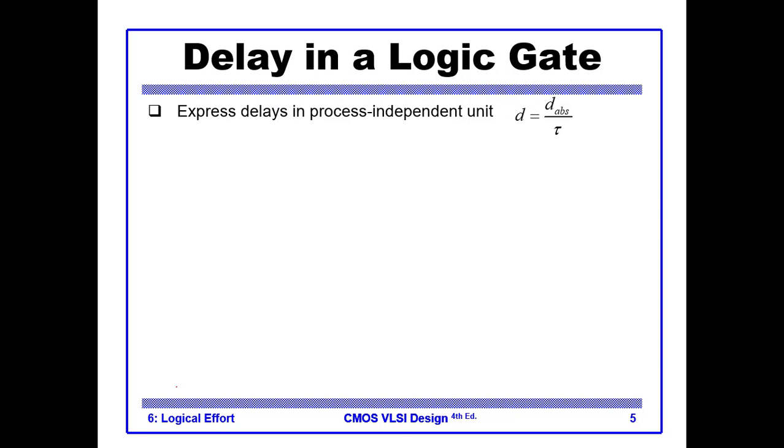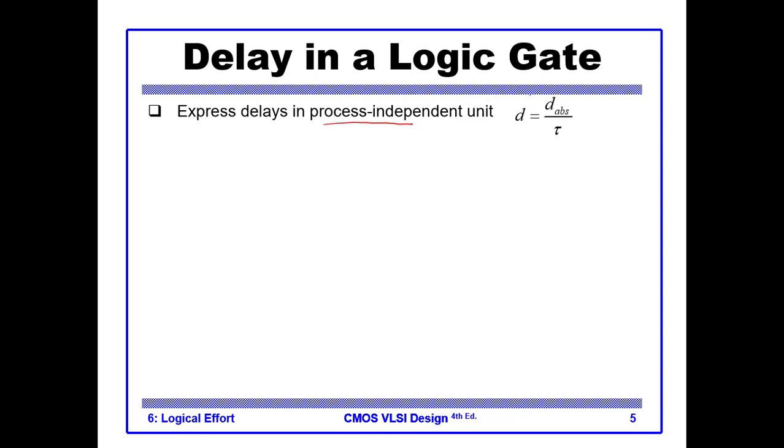The first thing is we want to represent the delay of a logic gate in a fashion which is process independent. What is meant by process independent? It should not depend on, for example, whether the transistors are implemented in 65 nanometer, 90 nanometer, or 32 nanometer technology.